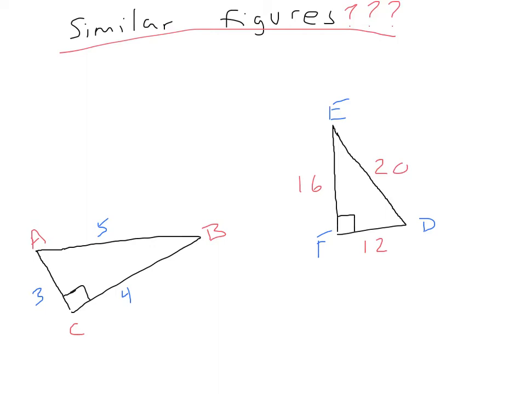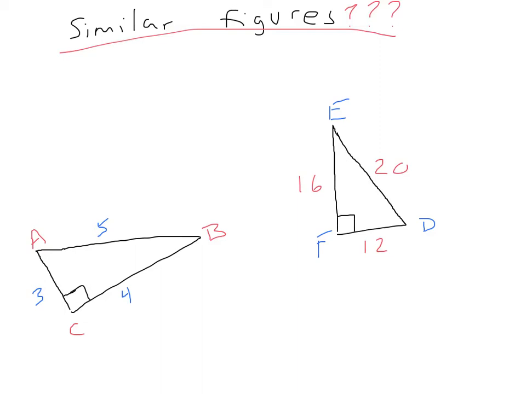I guess the first thing I would ask is, which sides are corresponding? Does AC match with EF, or does it match with FD? I don't know. Well, let's think about it for a second. AC is the side that's the shortest in the first triangle, and FD is the side that's the shortest in the bigger triangle.